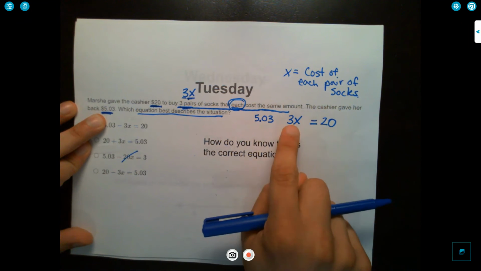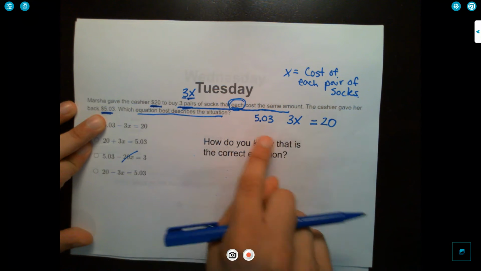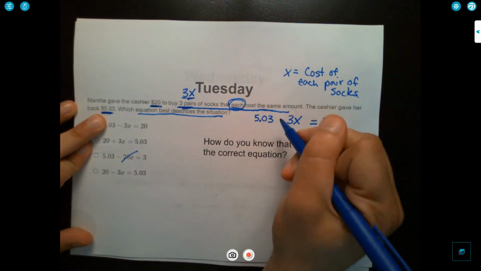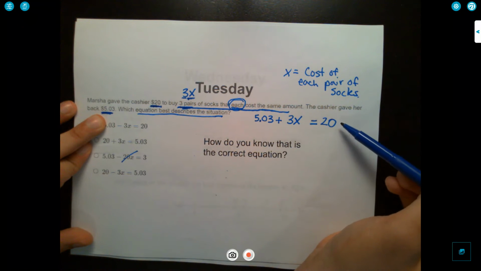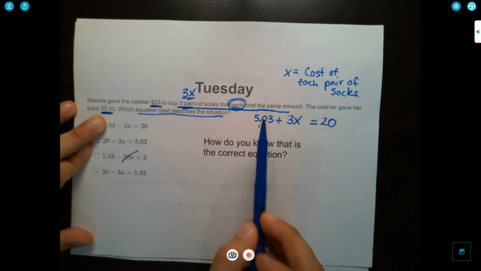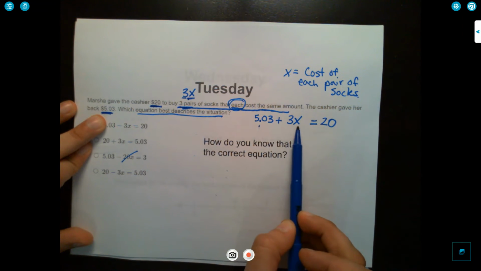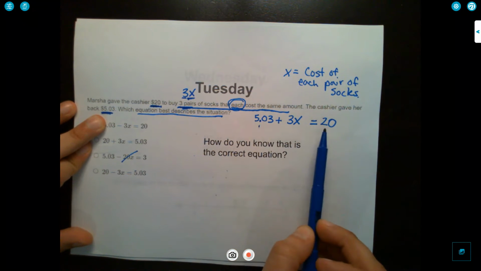And that difference is going to be however many pairs of socks she bought. So that means if I'm looking for the total cost, this is going to be added to 3x. If I want to find the total cost of how much she handed over, knowing that she got back $5.03, and knowing that each pair of socks, we don't know the price per pair, but we know that she bought 3 pairs of socks, I can set up an equation that looks like this.